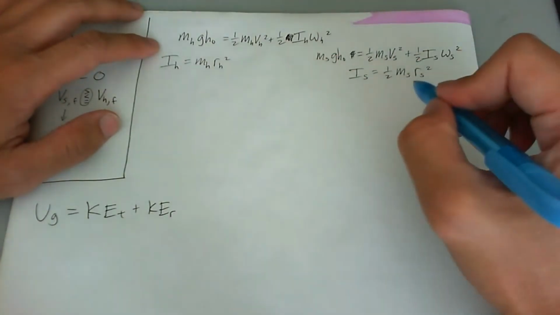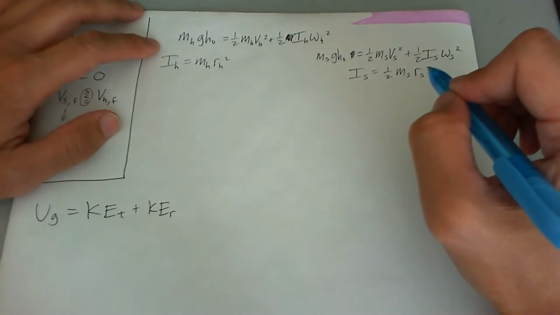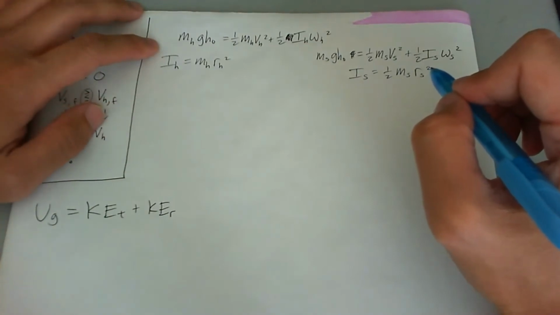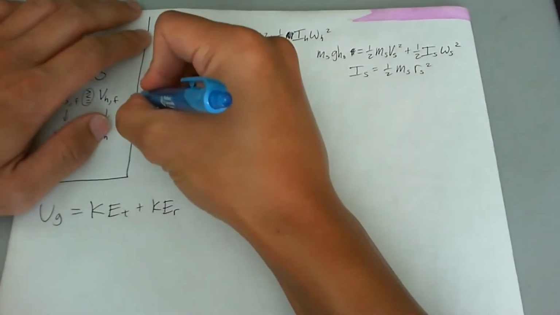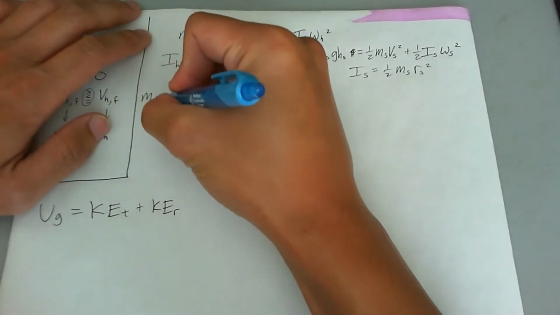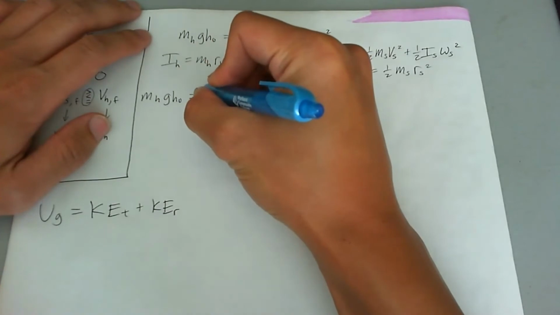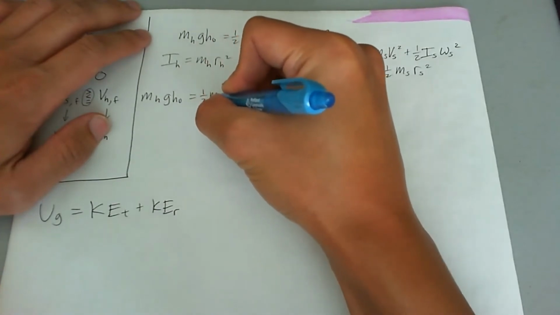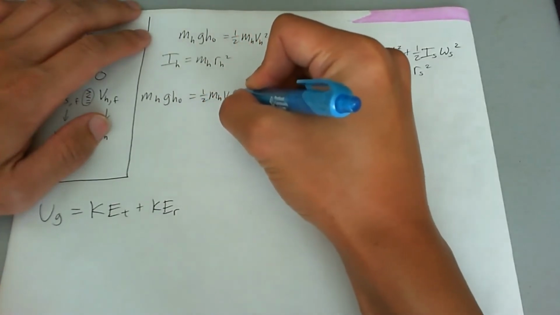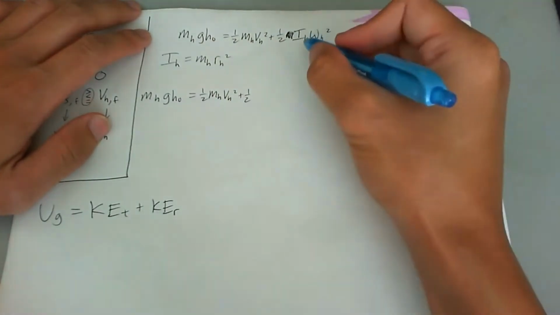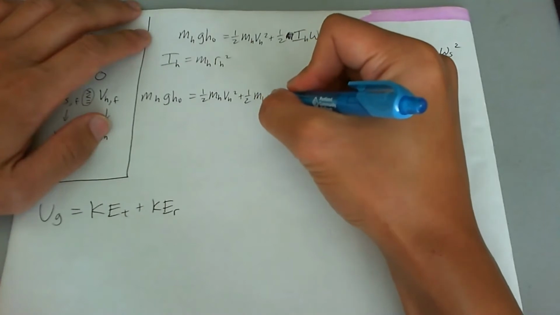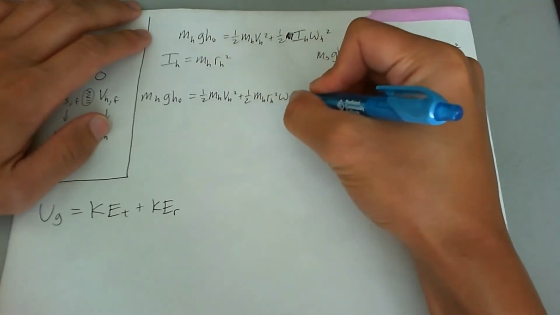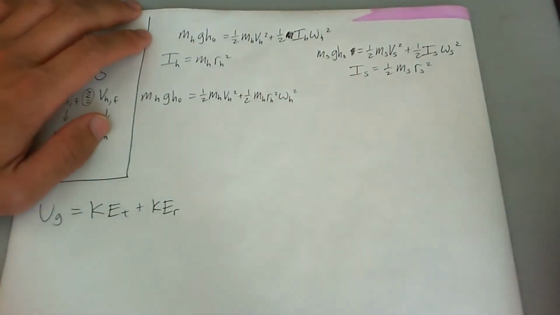It's going to take up a lot of space. Then we'll cross out a few things and hopefully reduce this equation to a more doable length. So we have mh g h naught equals 1/2 mh vh squared plus 1/2, and now instead of I, I'm going to write mr squared, times omega squared.